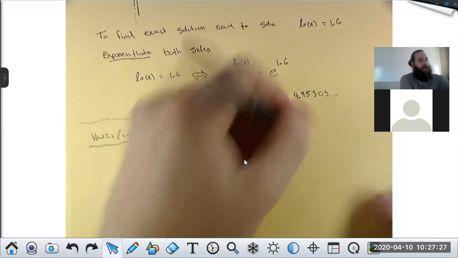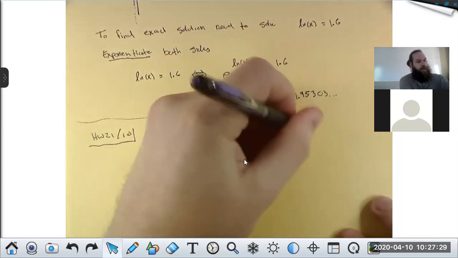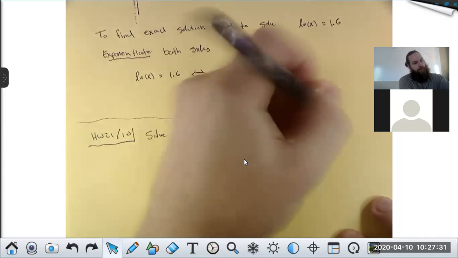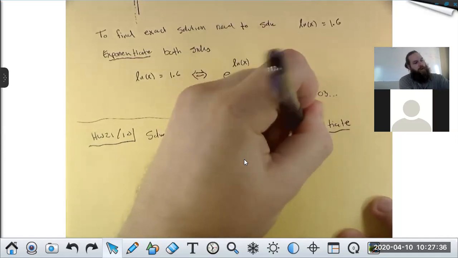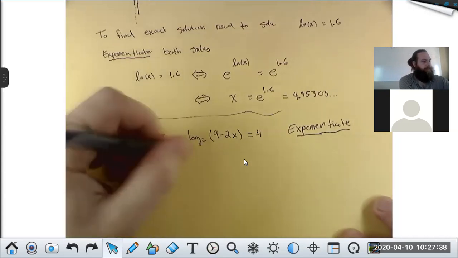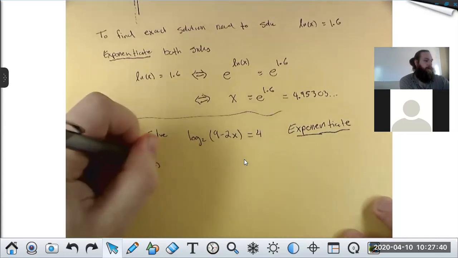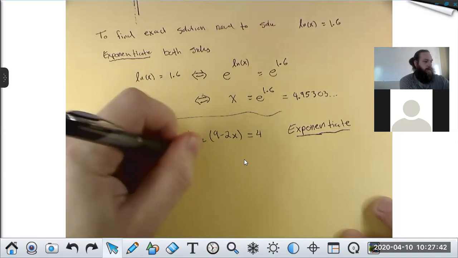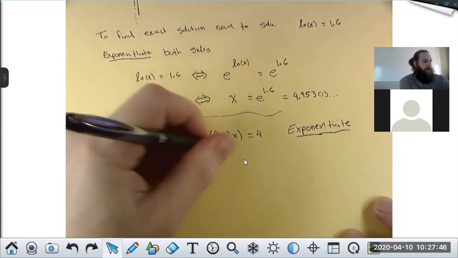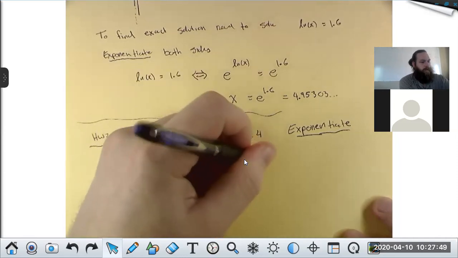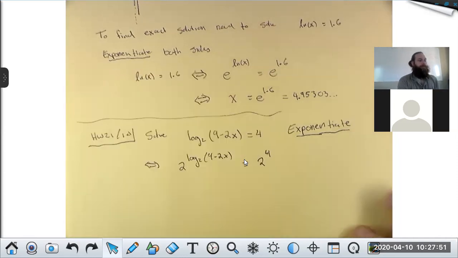We're going to exponentiate, which means to put in the exponent of. So that original problem is equivalent to saying 2 to the log base 2 of (9 minus 2x) equals 2 to the 4.